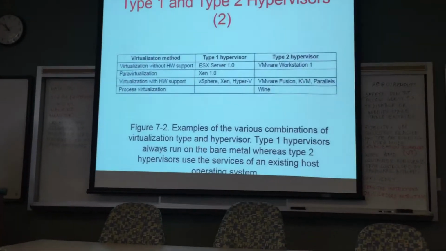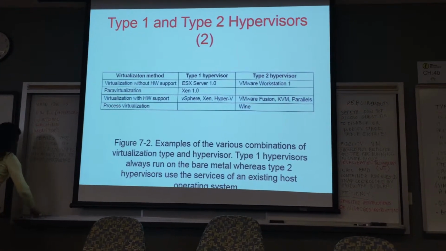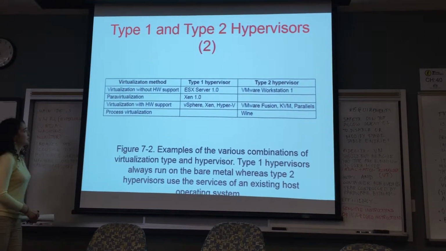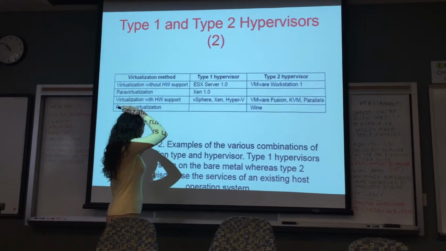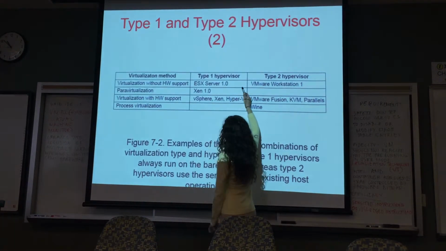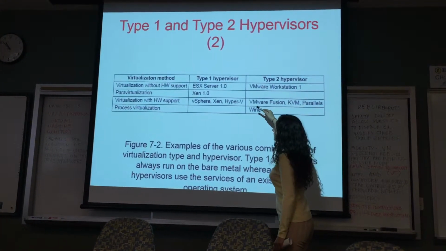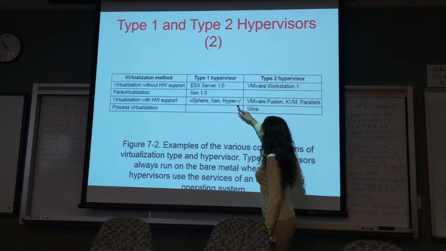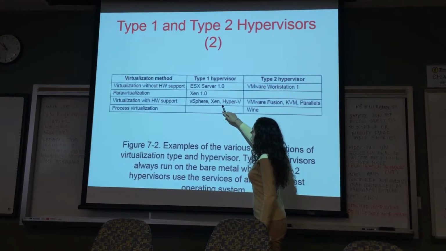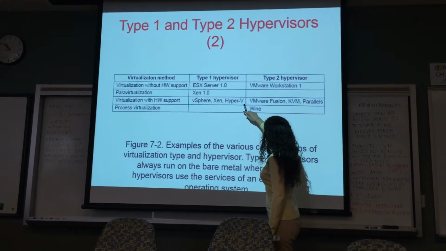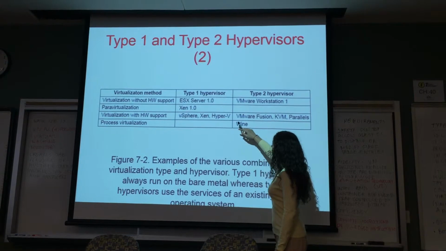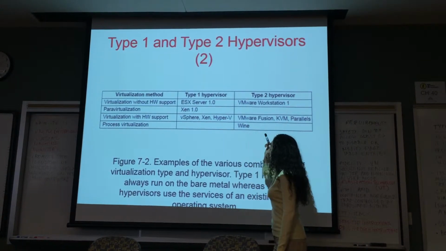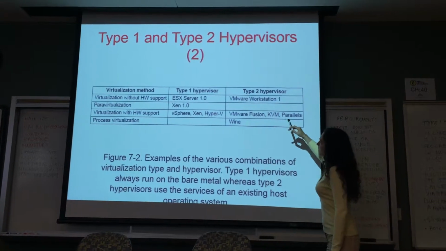This is a table with examples of type 1 and type 2 hypervisors. So type 1, we have ESX server. We also have, I believe, Microsoft's Hyper-V, and Xen, which are type 1 hypervisors.